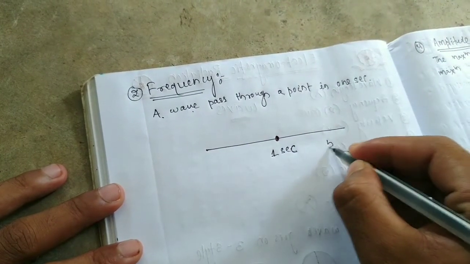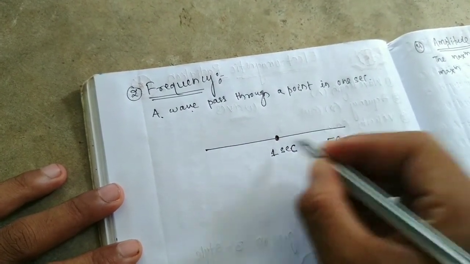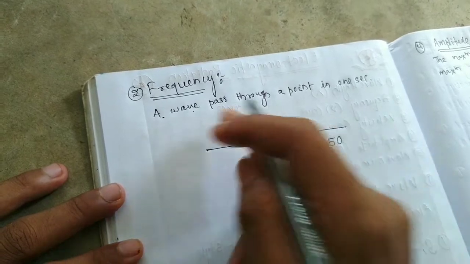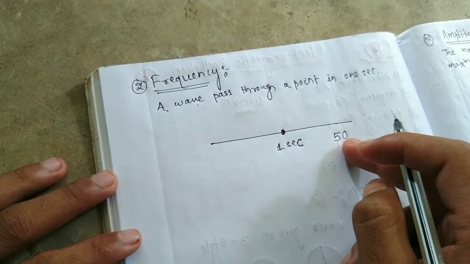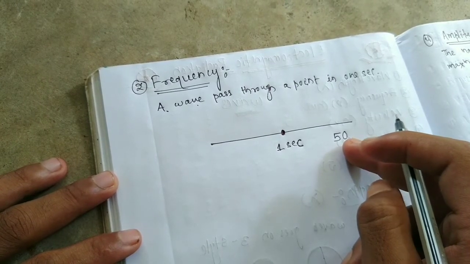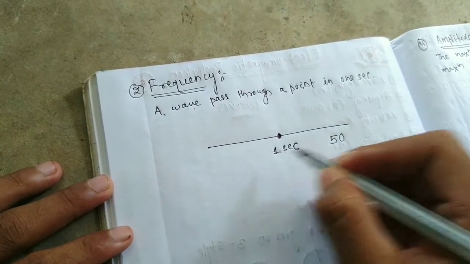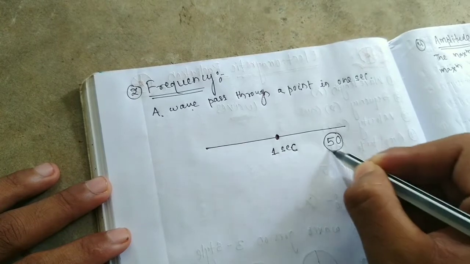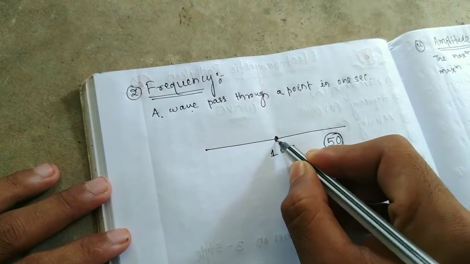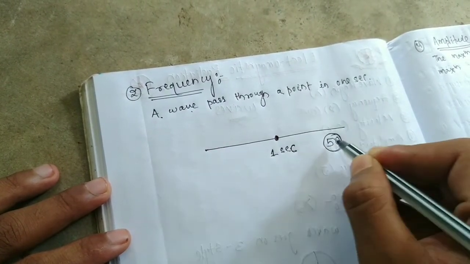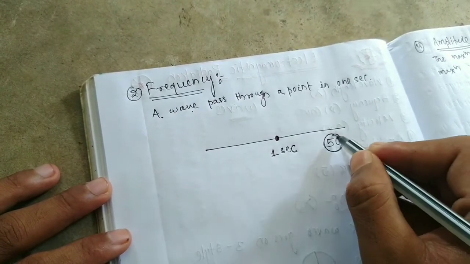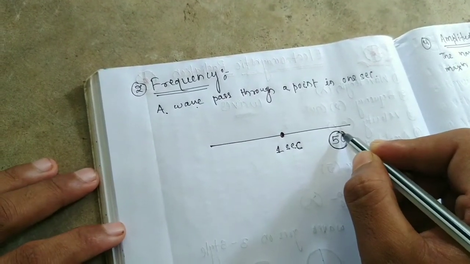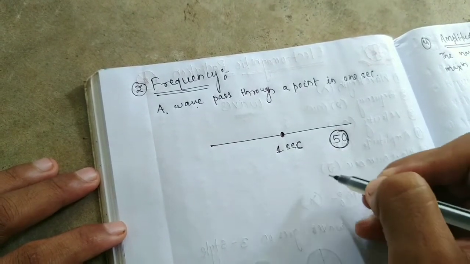Suppose 50 waves pass through this point in 1 second. So the frequency of the electromagnetic radiation is 50, because in 1 second, 50 waves pass.